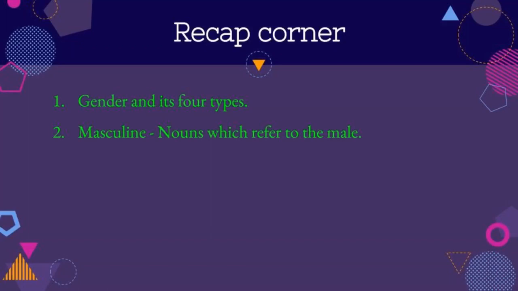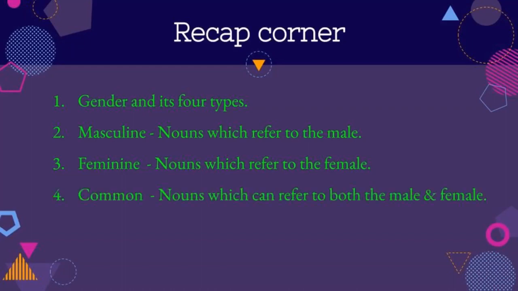The next gender is feminine gender. Feminine is the opposite gender of masculine. A noun which refers to female persons and female animals is known as feminine gender. For example, mother, girl, auntie, grandmother, lioness, tigress, etc. And the third gender is common gender.